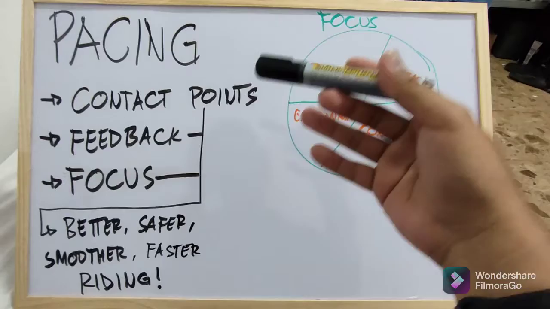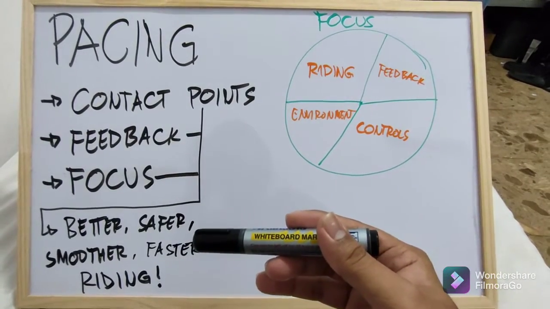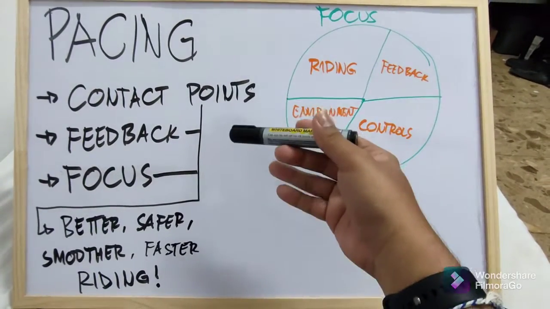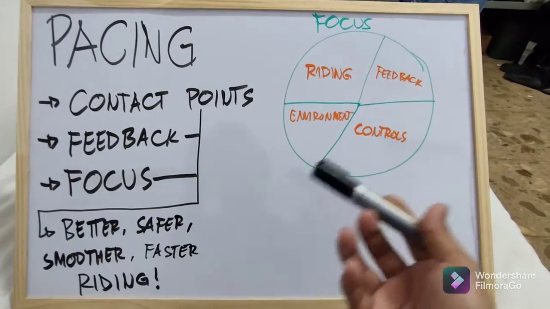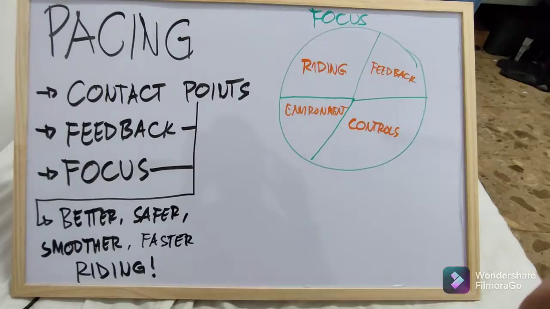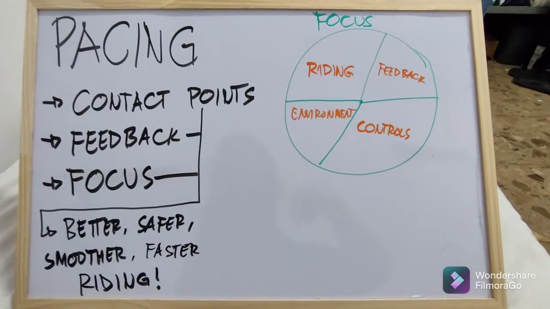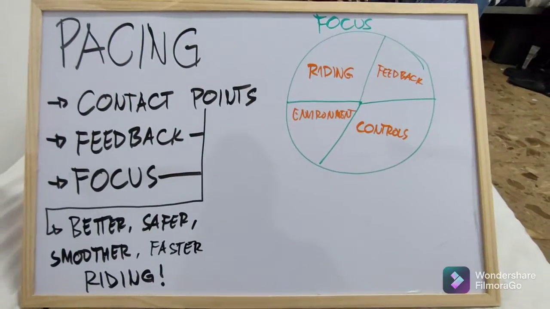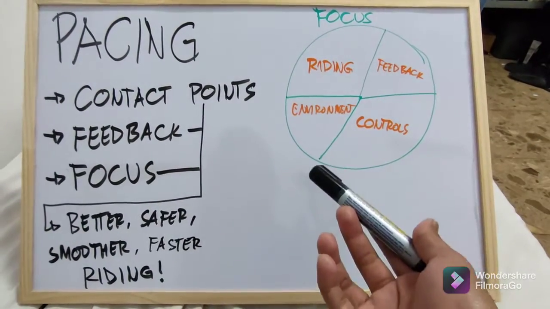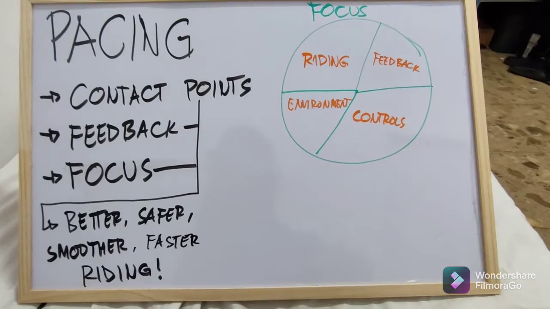Ngayon, para magkaroon tayo ng proper pacing, kailangan nakabalance itong mga to at ang resulta, you get better, safer, smoother, and even faster riding. Sabihin natin, anong connect? Bakit pag nasa tamang pacing ka, bakit you ride better? Why you ride safer? Why do you ride smoother, faster?